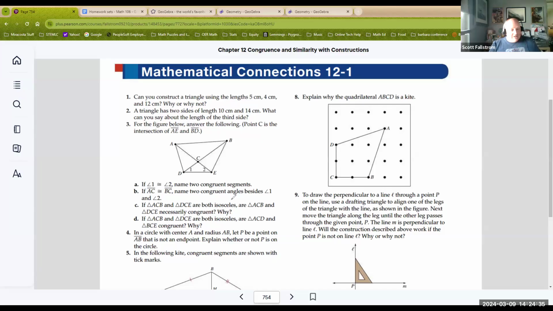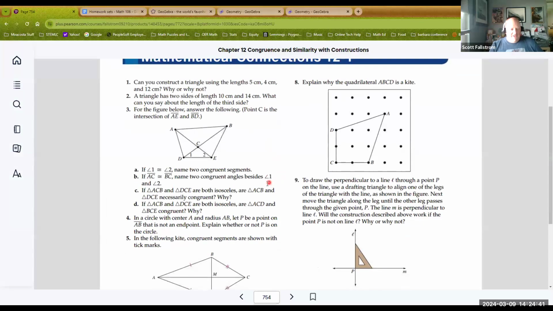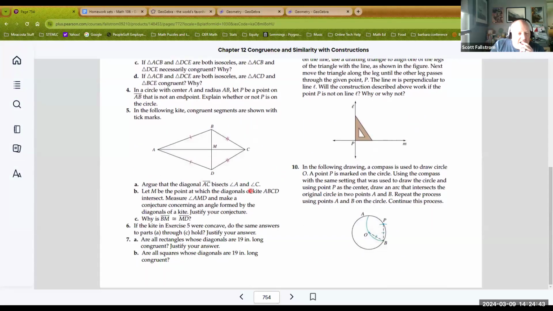Okay. All right, let's see here. What else? That was 1 through 3, 5, and 11. So we've got a kite, and the congruent segments are listed with tick marks. They want you to argue that the diagonal bisects angle A and angle C. Now, if you're looking at that picture, you may think maybe it does, maybe it doesn't.